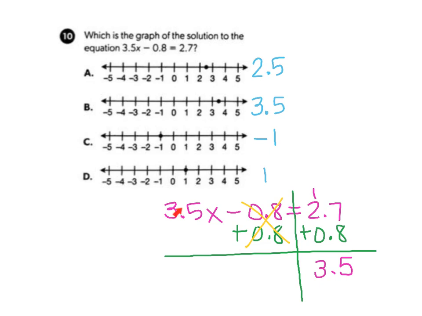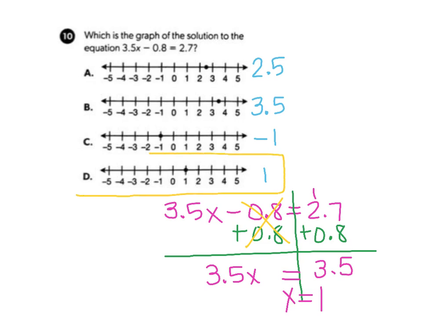Then I'm going to take this 3.5x, and I'm just going to bring it down here. 3.5x equals 3.5x. So the only thing that could make this true, if I multiply this by 1, I would still keep the same answer. So the solution to the problem would be x equals 1. And that would make us choose answer choice D.